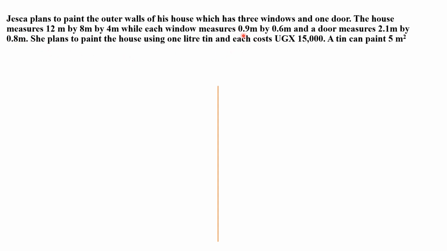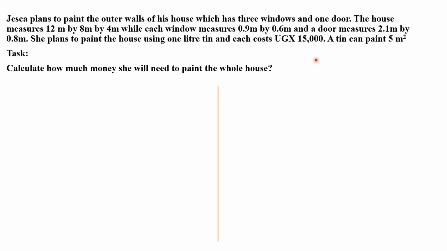The moment you see 2 dimensions, just know that it's rectangular in shape, because a rectangle has length and width. She plans to paint the house using 1 liter tins, and each costs 15,000 Uganda shillings. A tin can paint 5 square meters. Then we have our task: calculate how much money she will need to paint the whole house.